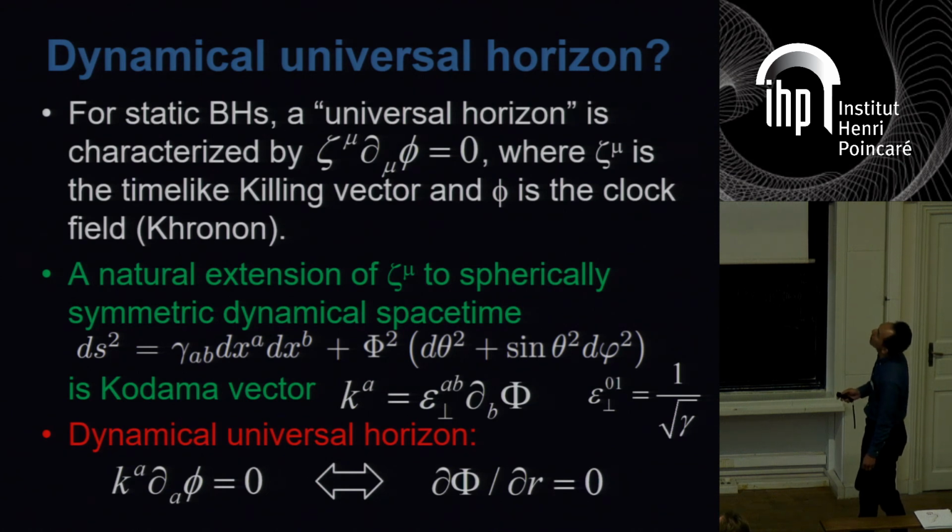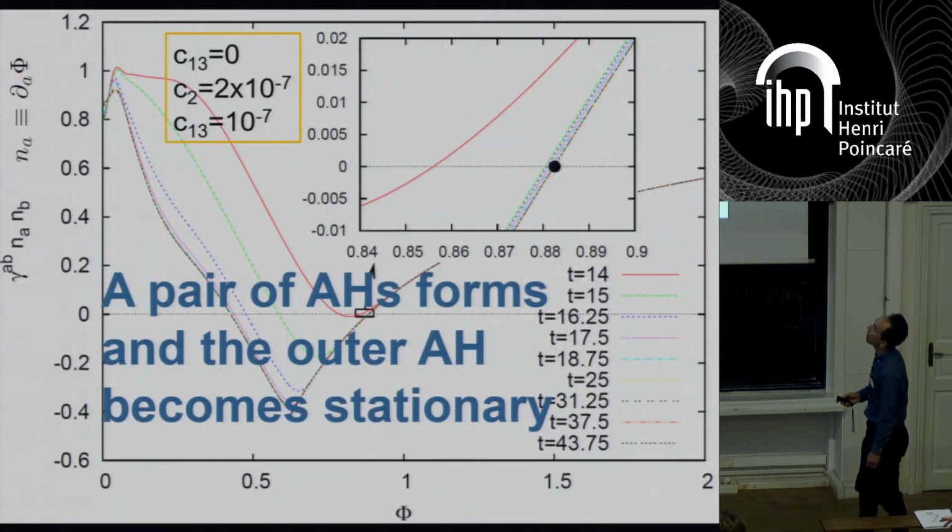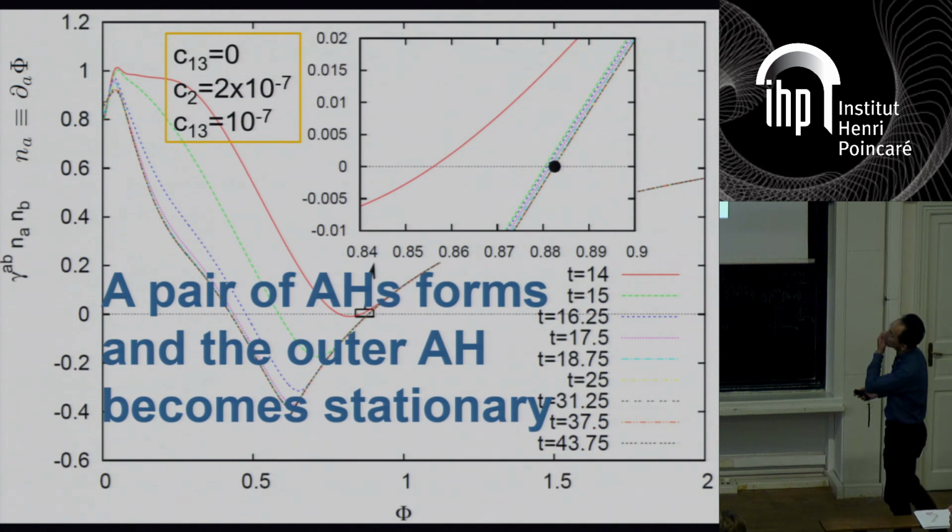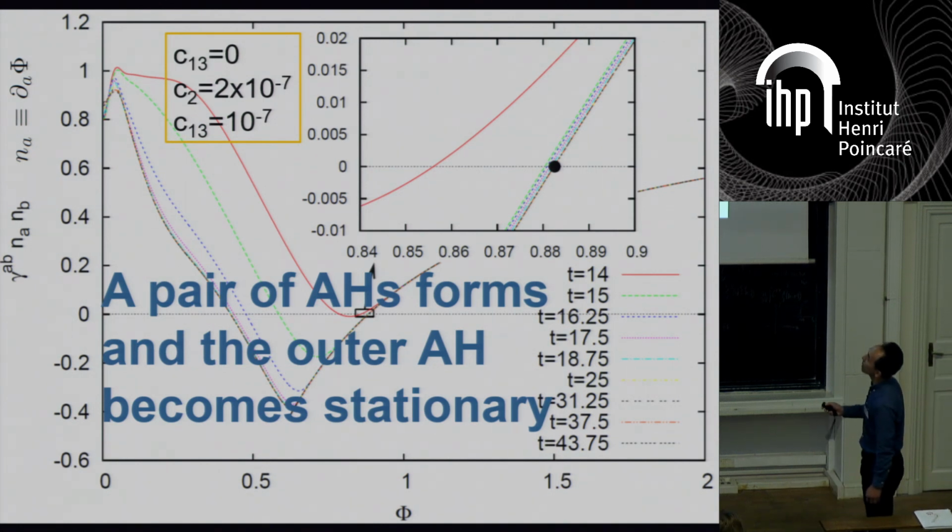Let me skip the details. We defined the dynamical version of the universal horizon here, but let me skip this. And some numerical results. This shows that a pair of apparent horizons forms, and the outer apparent horizon becomes stationary.